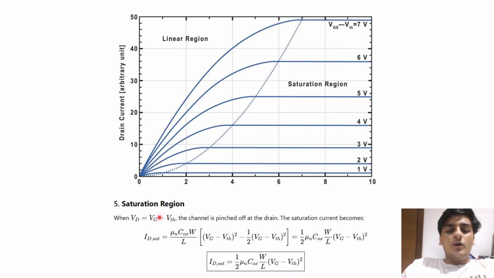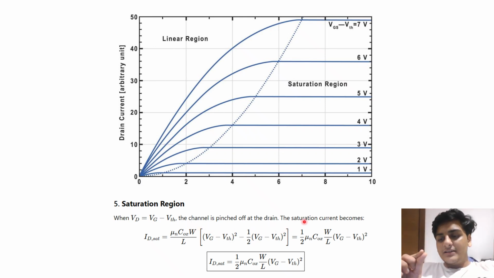Finally, when our drain voltage reaches this value of Vg minus Vth, the channel gets pinched off at the drain, meaning that there is no longer any charge at the drain, which means that even if you apply more voltage, it's not going to make a difference in how much current you get because your channel itself gets pinched off.